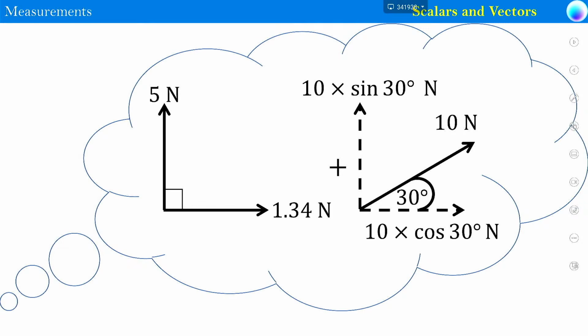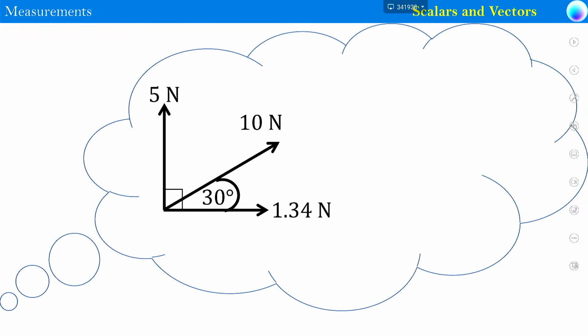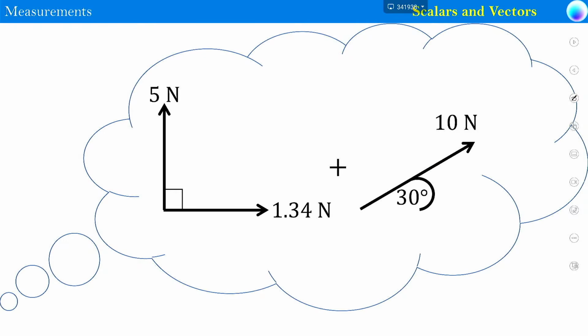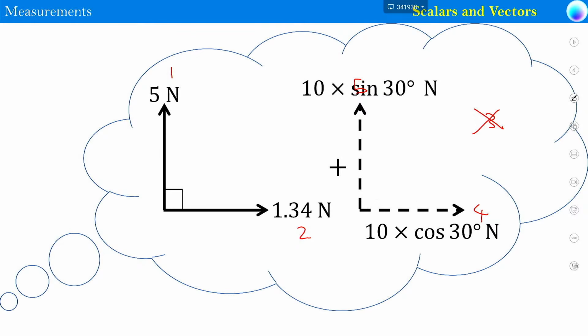So now, if we go back to the initial stage of this discussion, we had three vectors, 1, 2, 3. Now we remove this one and we resolve it into 4 and 5, and when you resolve, we don't have this one, okay? So now how many vectors do we have? We have only 4 vectors now.